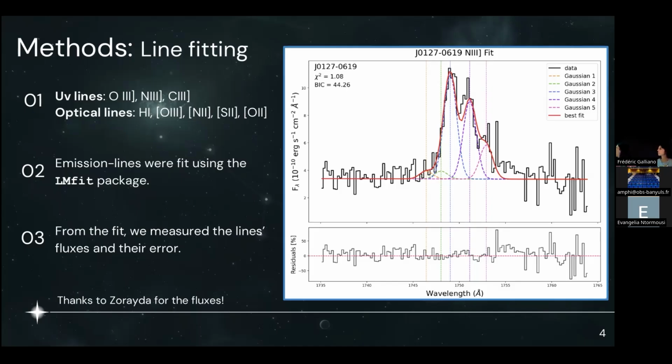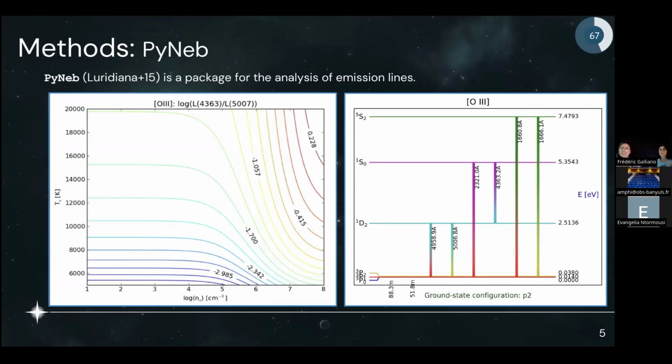And you may think that this was super easy and we did it without problems, but it put us to the test. So we thank Zoraida for the line fluxes. And with the line fluxes, we input them into the Python package PyNeb, which is a very neat package for the analysis of emission lines. As you can see from the right plot, PyNeb contains a lot of information on atomic and ionic physics.